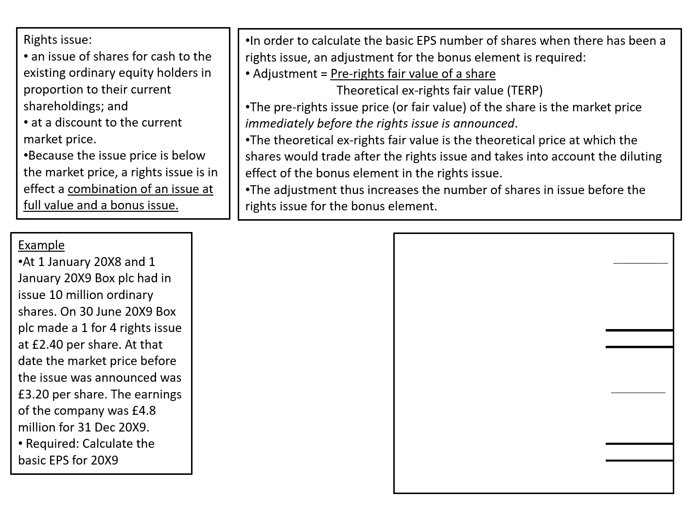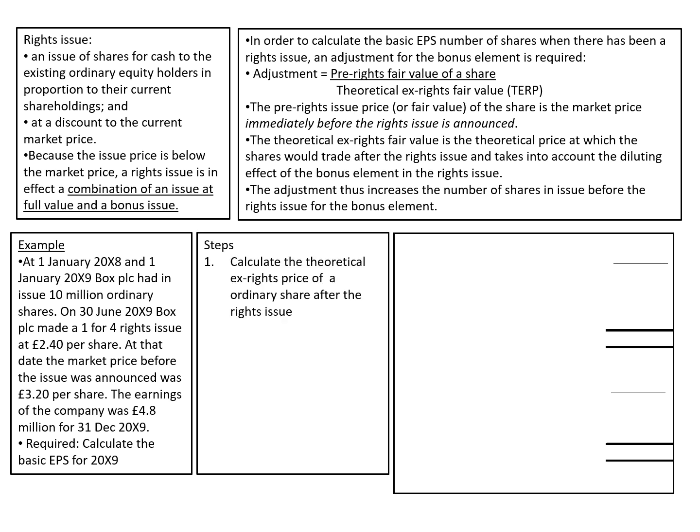At that date, the market price before the issue was £3.20 per share, and the earnings of the company was 4.8 million for the year ended 31st December 20X9, and we are required to calculate the basic EPS for 20X9.